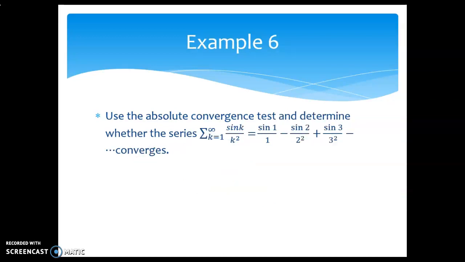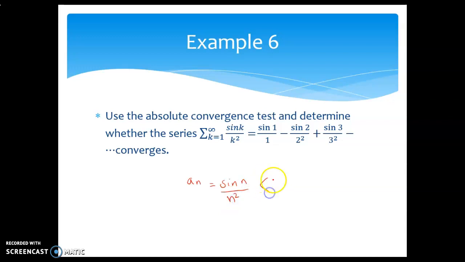Okay, so use the absolute convergence test and determine whether this series converges or not. First, we are going to take the absolute value of each one of them and then sum them up. So here we may say a of n is equal to sine n over n squared.